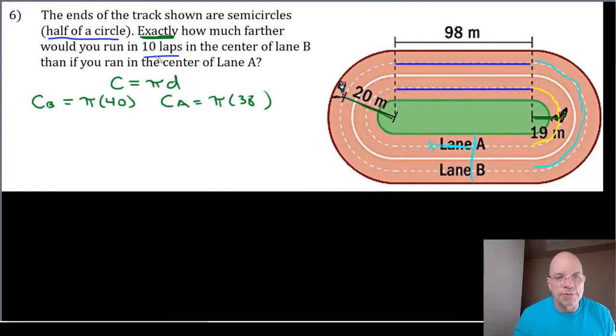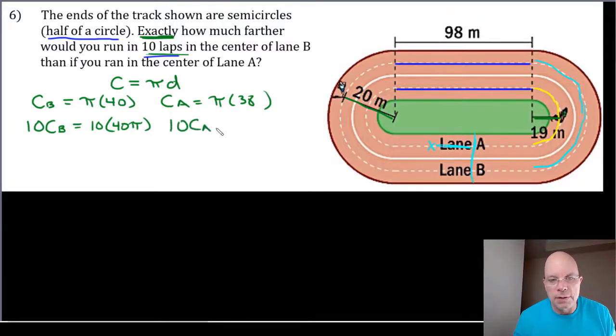Because they're asking how much further you'd run in 10 laps, 10 times the circumference of the circle for the runner in lane B would be equal to 10 multiplied by 40 pi, and 10 multiplied by the circumference for the runner in lane A would be 10 multiplied by 38 pi.